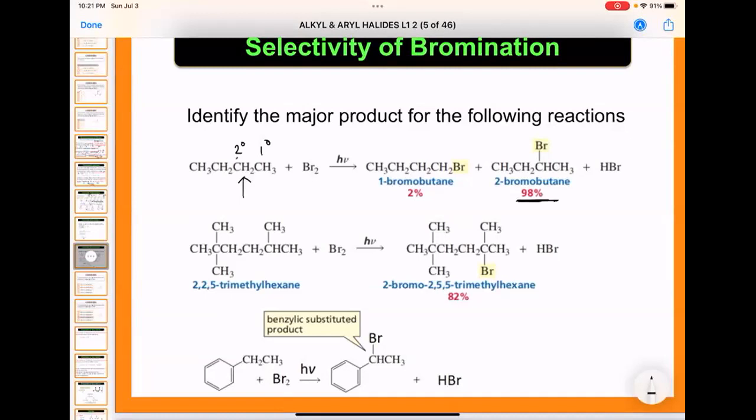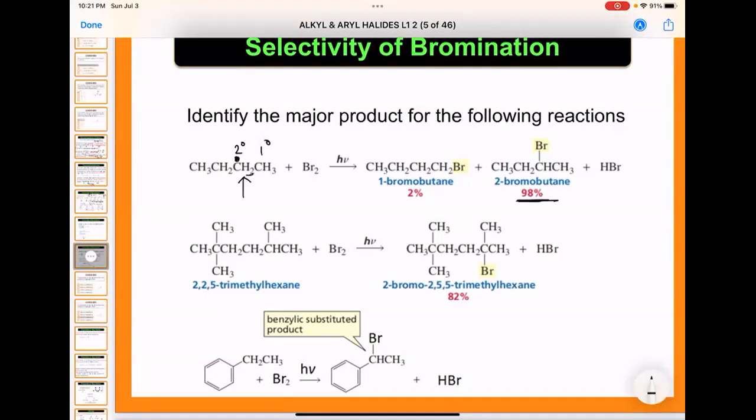Because this hydrogen can break more easily, as it is a secondary hydrogen and it has alpha hydrogens on both sides. A radical can form here, so bromine is going to get attached.